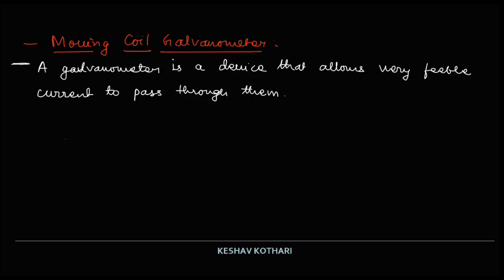And if I draw an arrangement of how the inside of a galvanometer looks, I am drawing it in two different views. First of all, I am showing you the top view of the moving coil galvanometer.